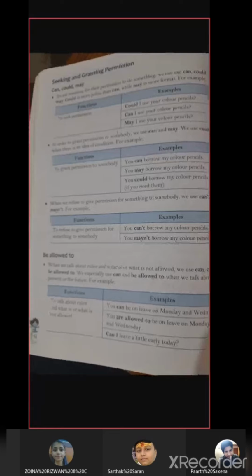This is can. Now it could also be written like you are allowed to be on leave on Monday and Wednesday. And if you are asking in an interrogative way, you can say, can I leave a little early today? So, to talk about the rules and what is or what is not allowed, we use these things.